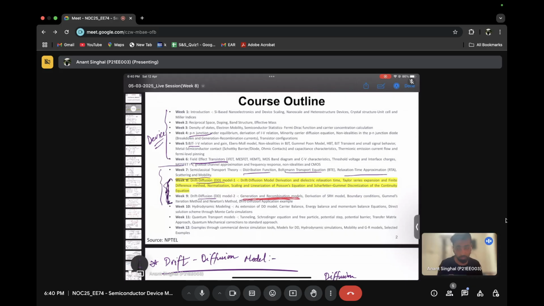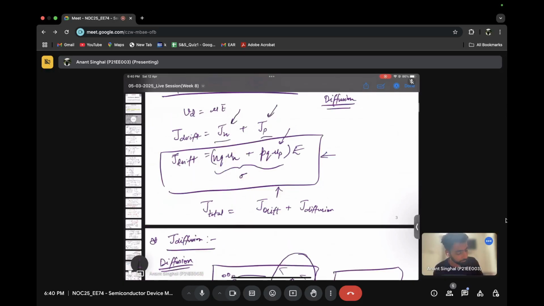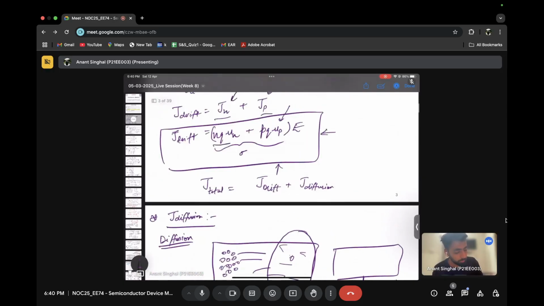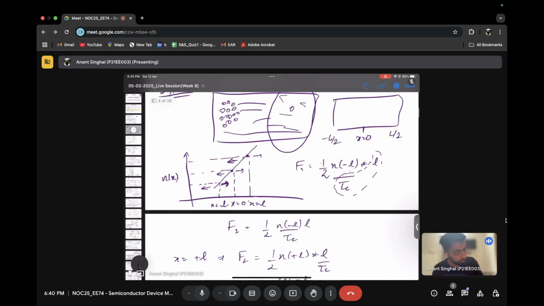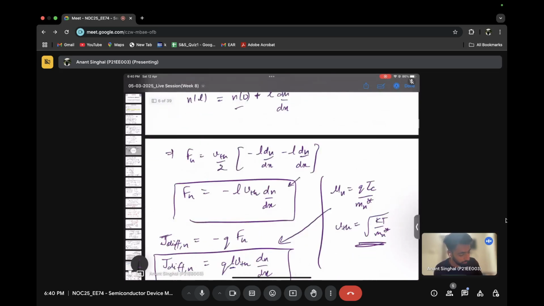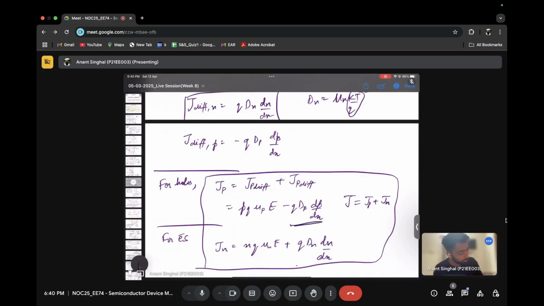It was a complex part, but I did try to go through the derivation to make you understand how the drift part comes and how the diffusion part comes for both N and P type. This is the drift part due to both N and P. Then there is a diffusion part also, so I covered the diffusion derivation too.